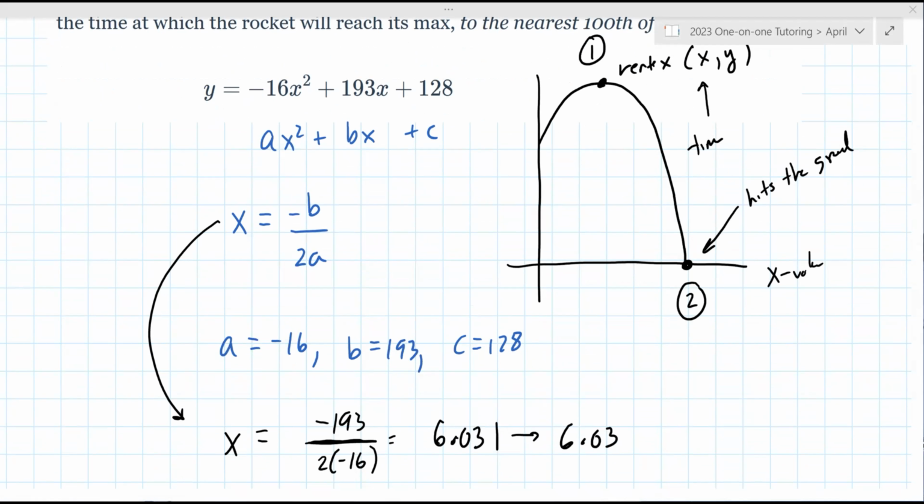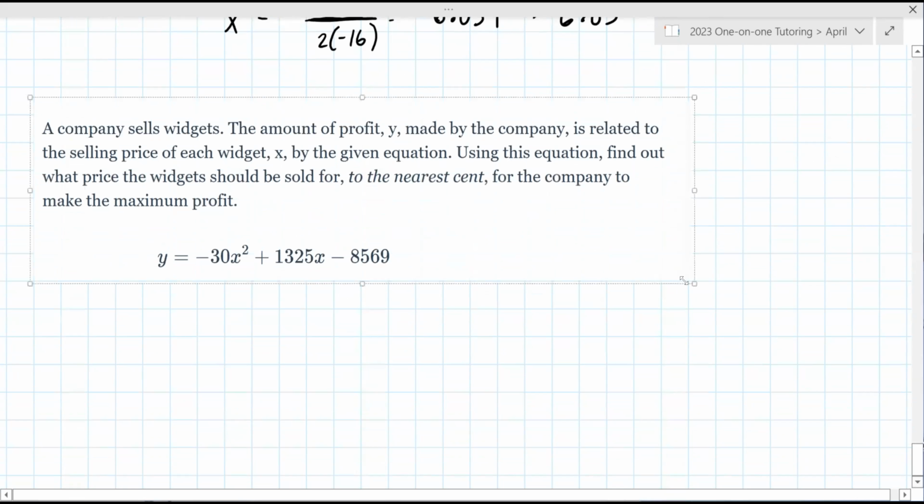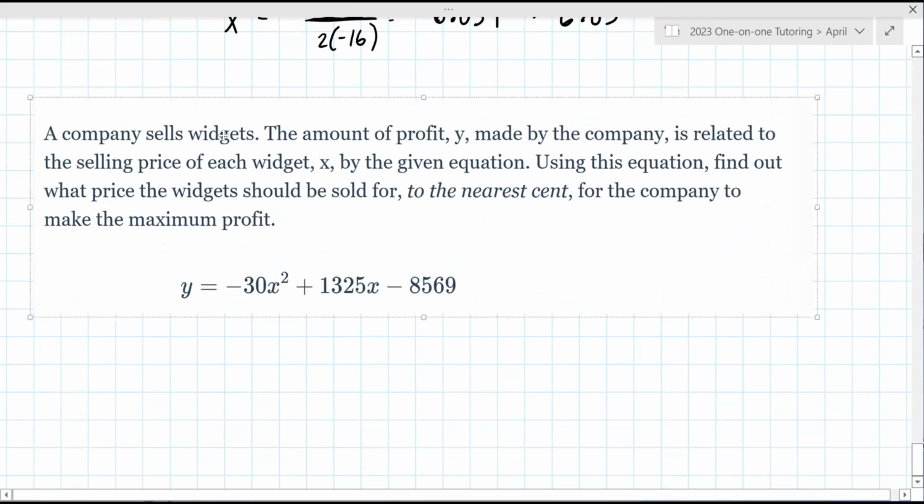All right, new question does appear to be very similar. A company sells widgets, and profit Y is related to the selling price X. Use the equation to find out what price the widget should be sold for, to the nearest cent, for the company to maximize profit.